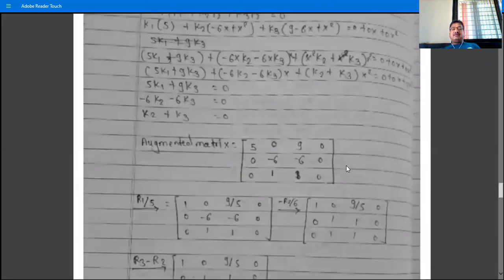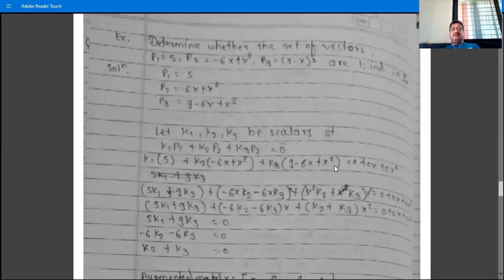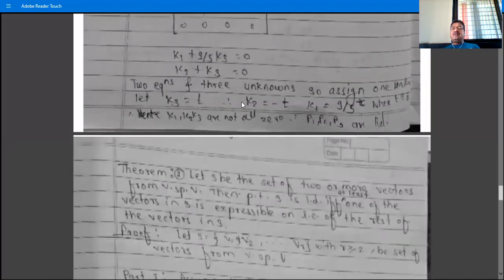But T is any real number, so take T as any non-zero number. Then K1, K2, K3 are not all equal to 0. And therefore P1, P2, P3 are linearly dependent, because K1, K2, K3 are not all 0.